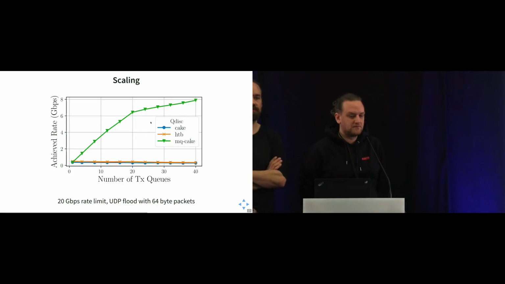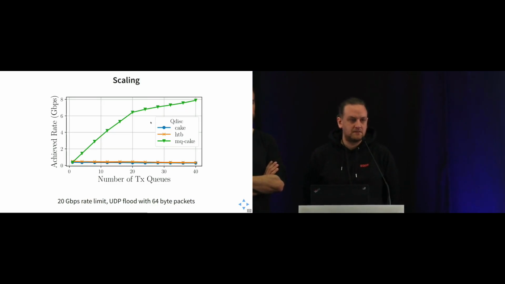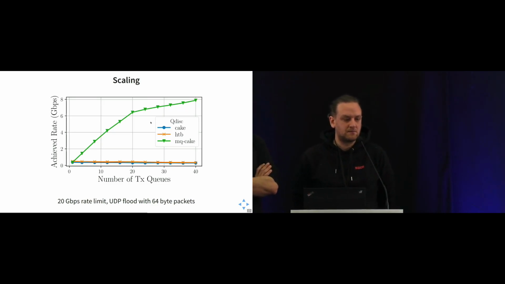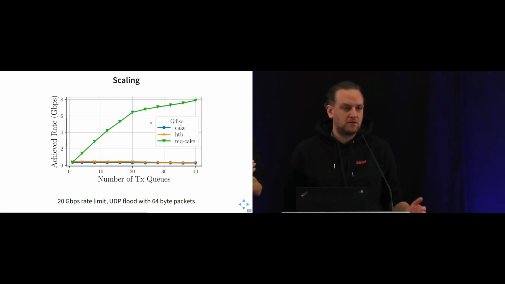Yeah, we have 40 cores, including hyperthreads. And we configure the receive side in a way that we send a certain number of flows, and we then distribute the incoming flows equally across the receive queues. And thus we can control how many cores are active on the transmit part.